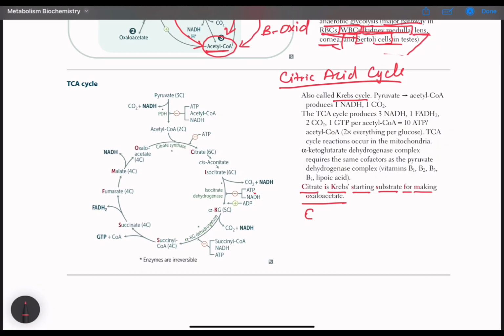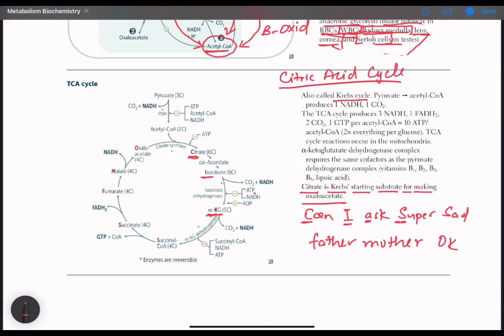While I have learnt it by the following mnemonic: can I ask super, sad, father, mother. Okay, so the very first intermediate is citrate, then I, isocitrate, A, alpha ketoglutarate, S, succinyl CoA, SAD, succinate, F, fumarate, M for malate, and O for oxaloacetate.